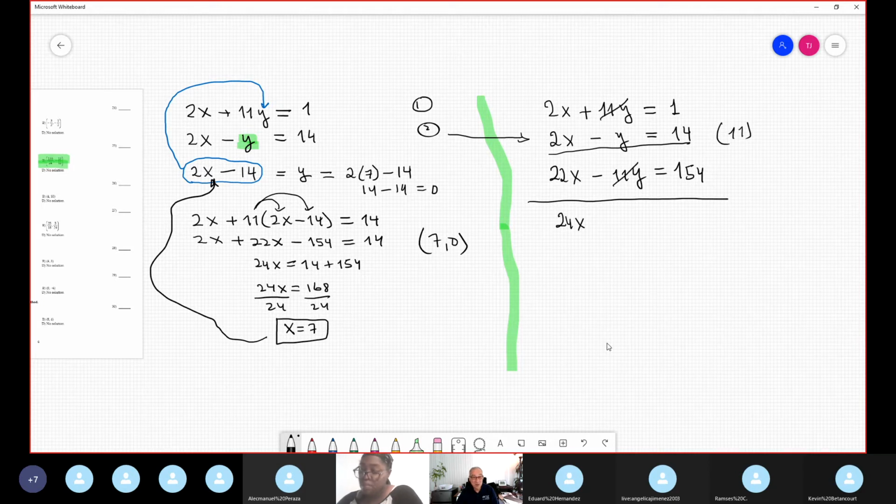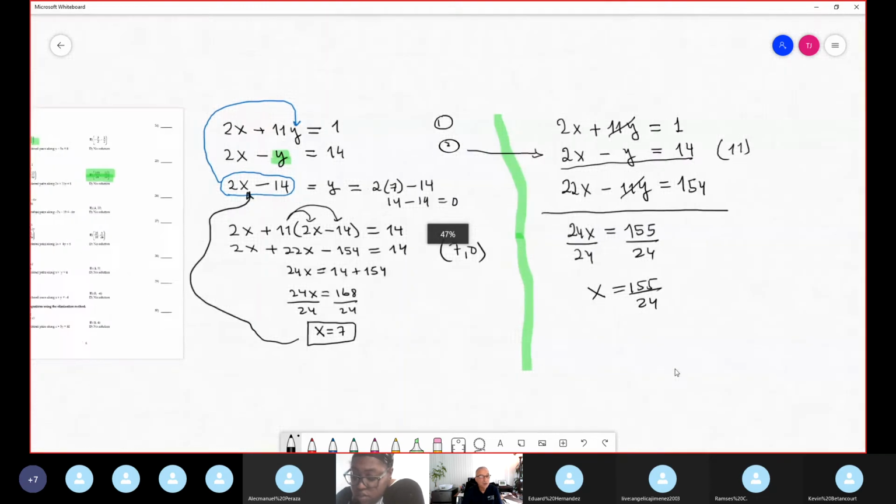And that says 100. I suppose that this is a mistake. Let me see. Well, I have no idea. So now, look, you adding 155. 155 divided by 24. x is equal 155 over 24, because it's 154 plus 1, no? That was the mistake. I fix it now in the substitution.